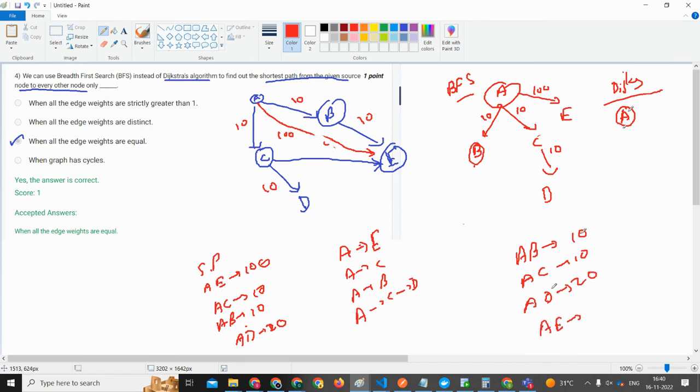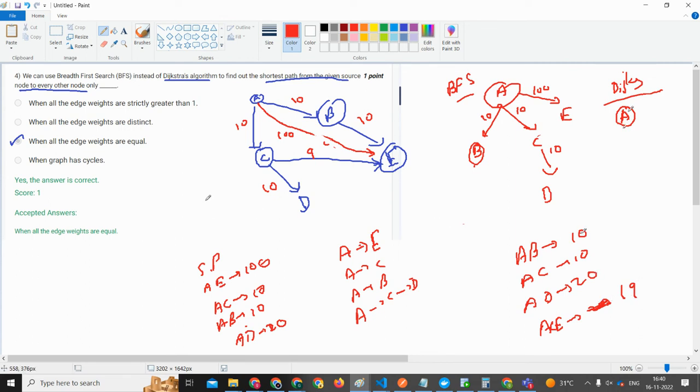For AE you can reach in 20. But if you have 9 here, from C to E, then ACE is 19. You got the point.